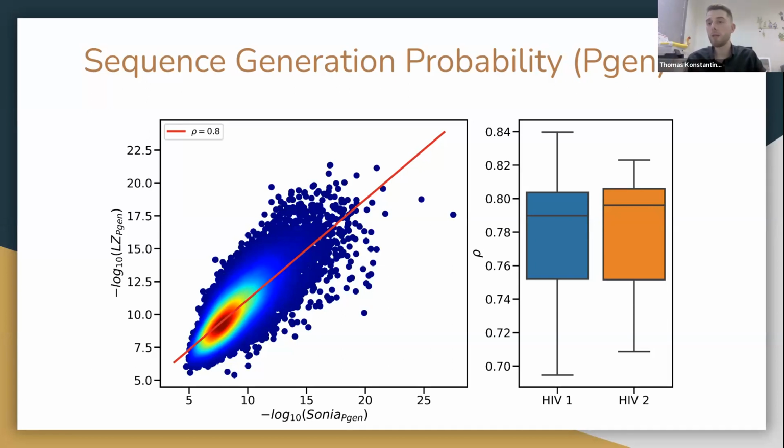It's amazing to see that we can produce the same thing with a fraction of computational time as compared to Sonia, but also without requiring any error-prone alignment steps, which, as we all know, isn't perfect, right?